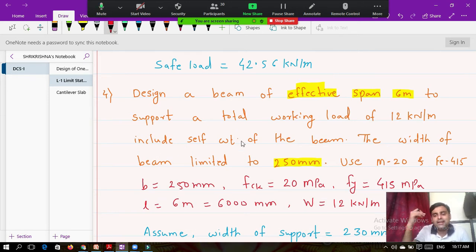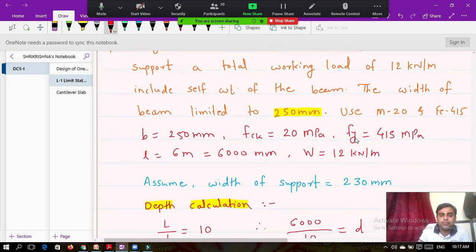So they have added the self weight in this working load and given you directly the total load, which is live load plus dead load.